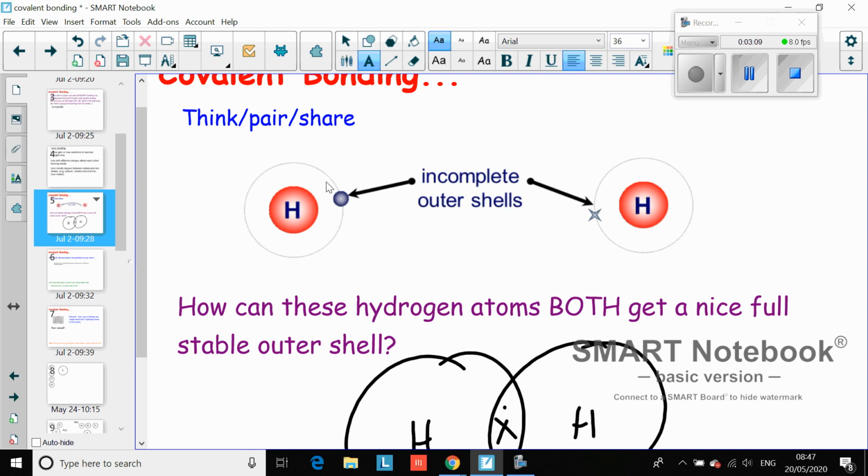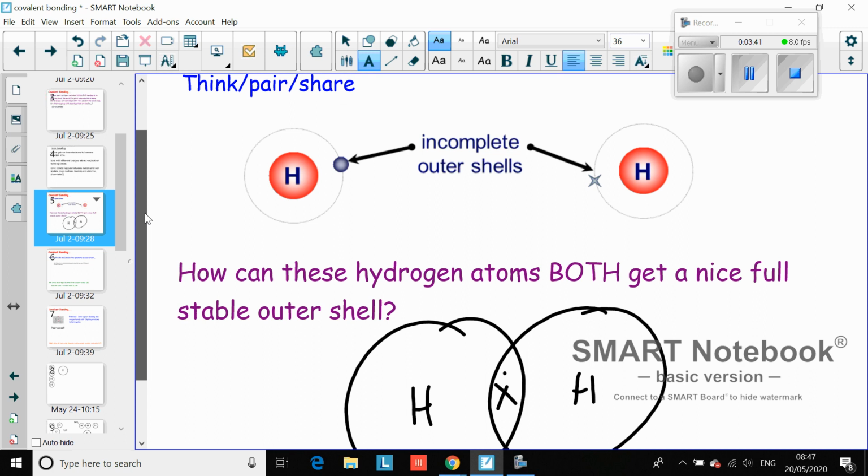Now, how many electrons does that first shell need in order to be complete? For those of you who can remember a couple of lessons back, it is of course two. But of course, hydrogen only has one electron in its outer shell. So it somehow needs to gain another electron. So rather than steal one or become a charged ion, it's come up with another way of getting that electron.